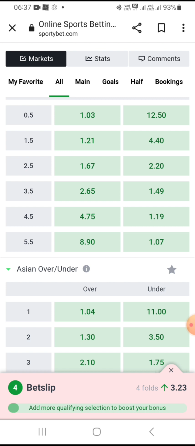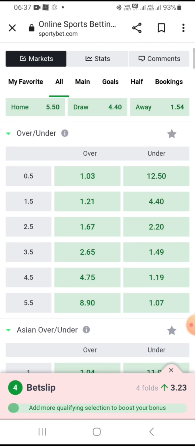Now under 0.5, for example, you see the odds are large. If they play 1-0 in this match and you tap on this, you failed it, because it's supposed to be under 1, which means there shouldn't be any goal in this match. If they play 0-0 in this match, finally you got it.